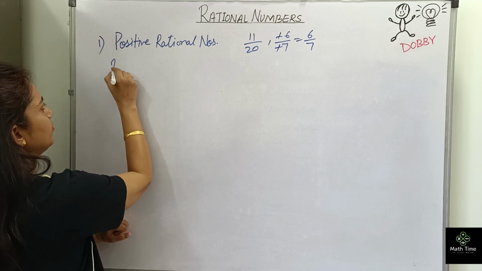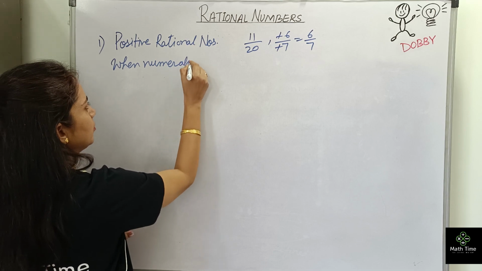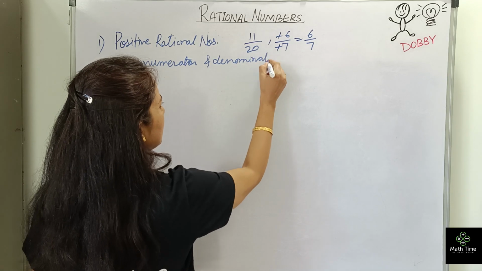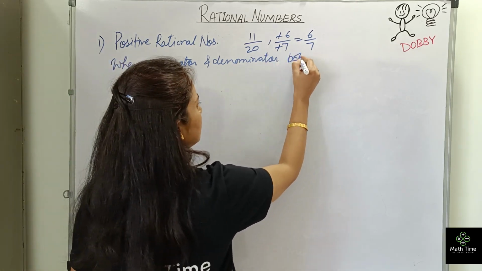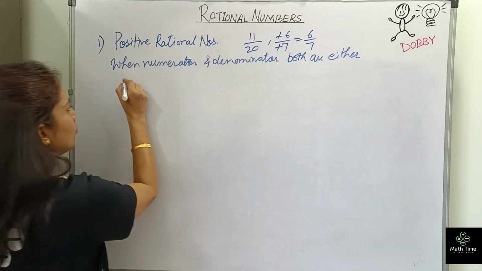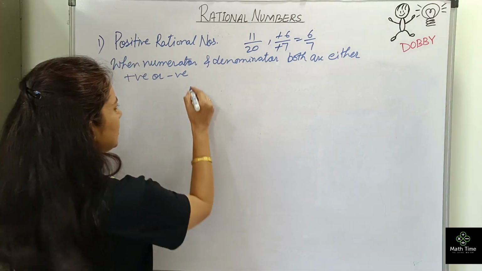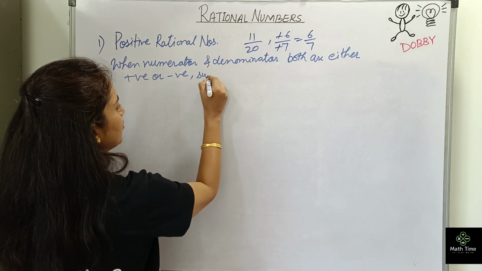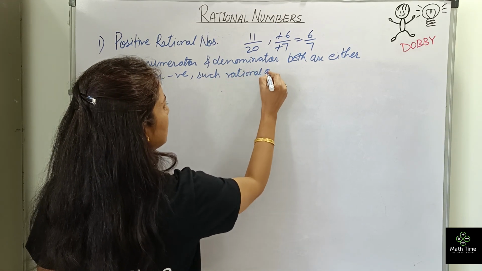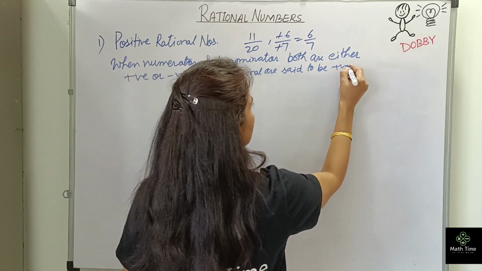So first one, when numerator and denominator both are either positive or negative, such rational numbers are said to be positive rational numbers.